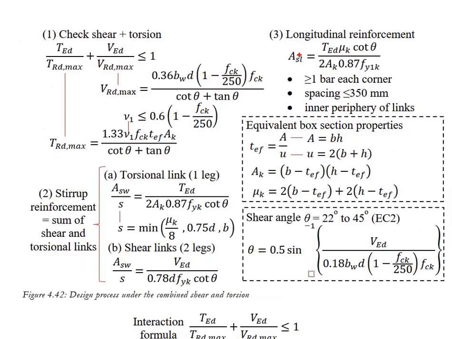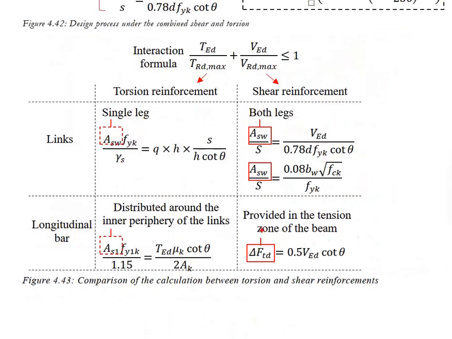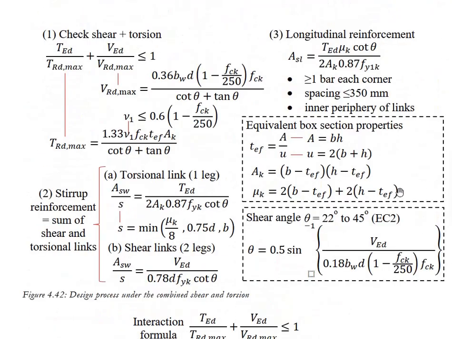With that, the amount of reinforcement calculated for the torsion will need to be added to the amount of reinforcement bar required to deal with the additional tensile force due to the shear force. This is the second catch that you have to take note of while designing members under the combined shear and torsional load.